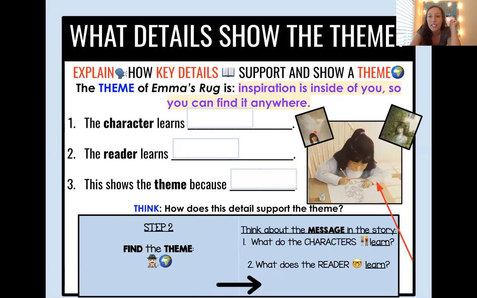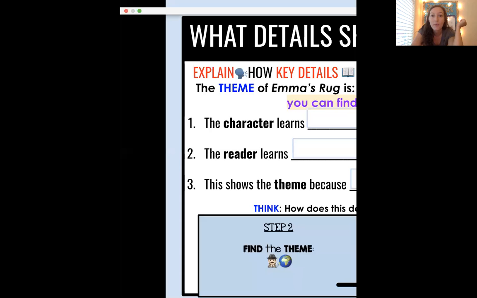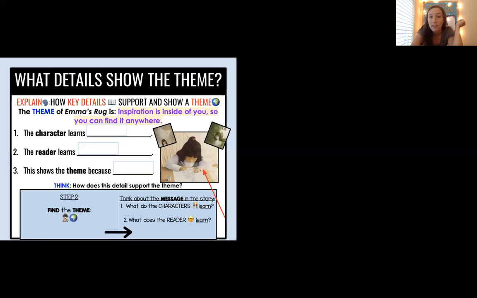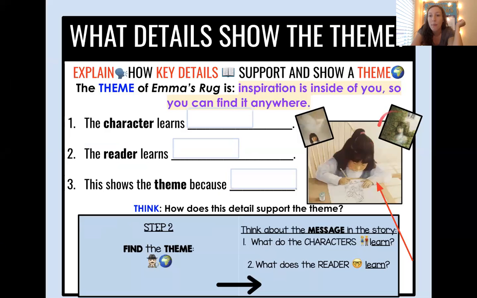But she doesn't realize this until she goes outside and she sees more creatures in the bushes. Now this is when she says, hey, I've seen you from before. So we know when Emma says, I've seen you from before, this is a clue that these are the creatures that she saw in her rug.